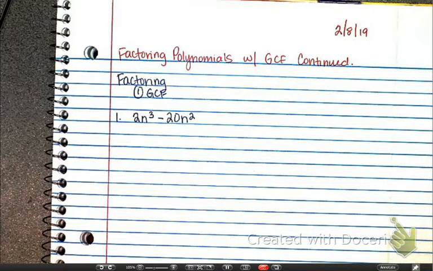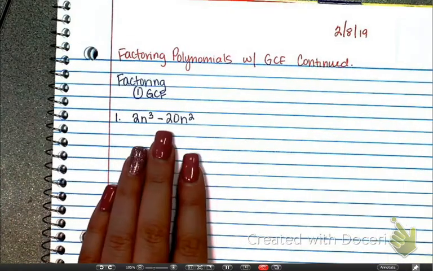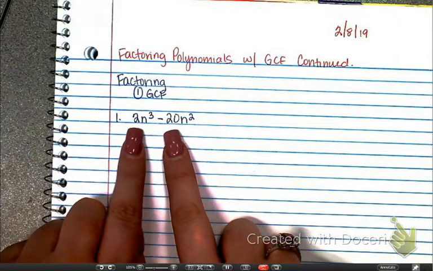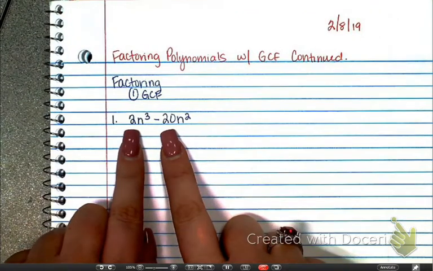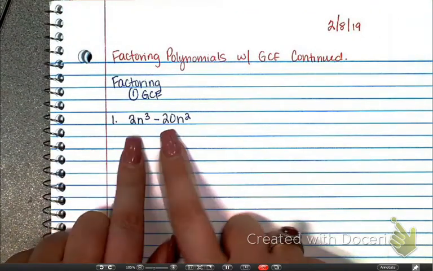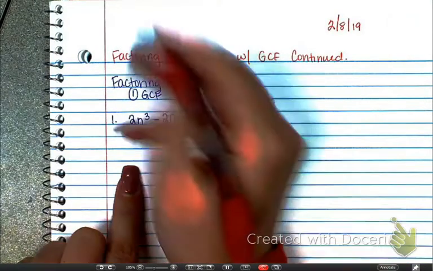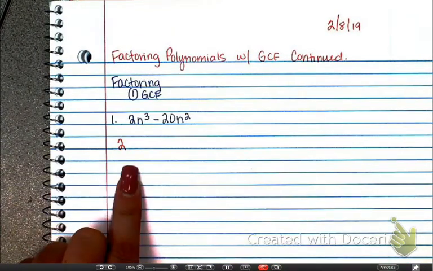So I first have to identify what my GCF is between both of those terms. If I look at, let's just look at 2 and 20 for the time being. What's the greatest number that goes into 2 and 20? 2. Everyone agree with that? So on the outside I'm going to write a 2. Now if you need to write these separately and break it down and figure out what the GCF is, you can do so.